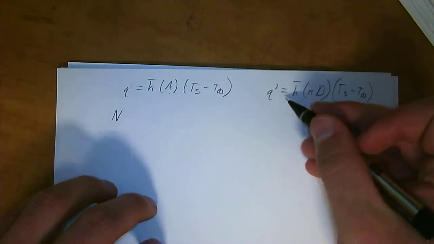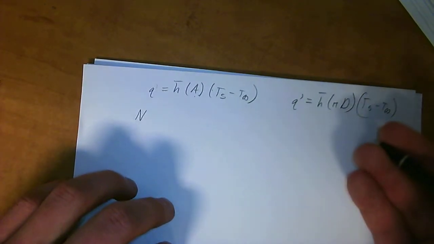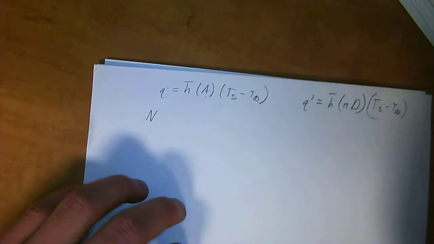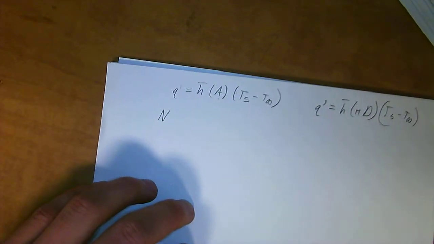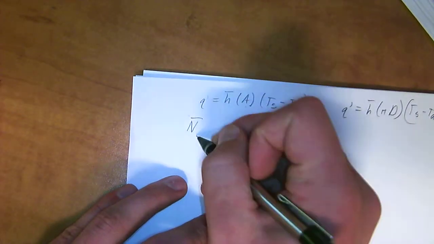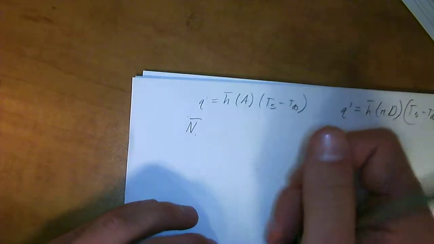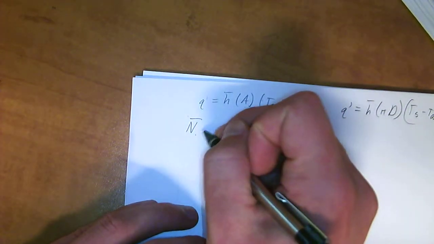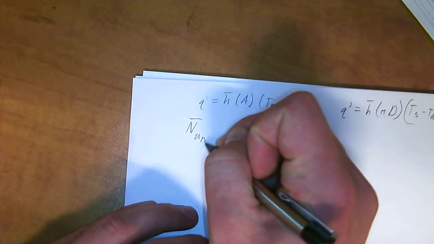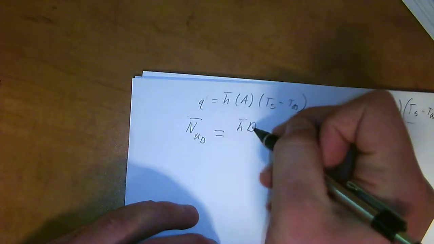So we need to find h bar, which means that we have to get the Nusselt number involved. Nusselt is kind of a weirdly pronounced name if you put the L in just the right spot. Okay, so using the average Nusselt number because we're going over the entire cylinder, this is going to equal Nu is equal to h bar d over k, where d is the characteristic length.